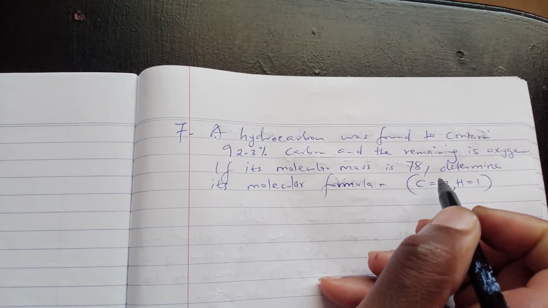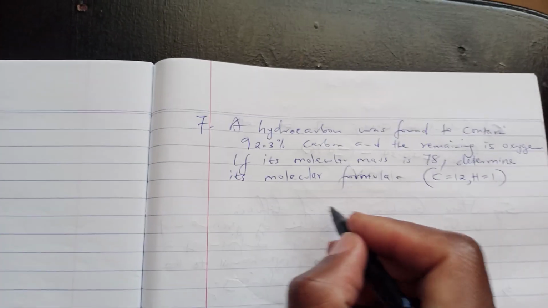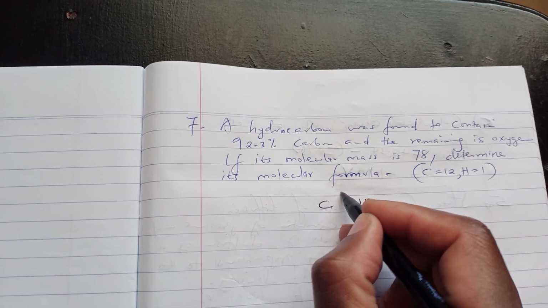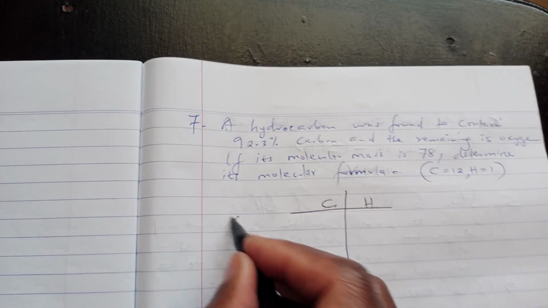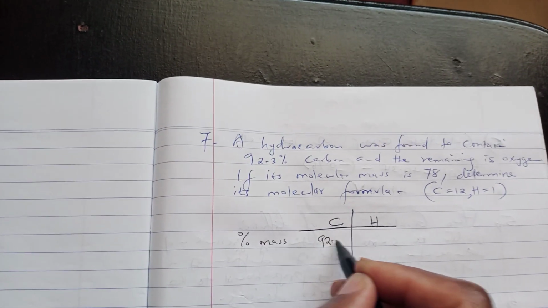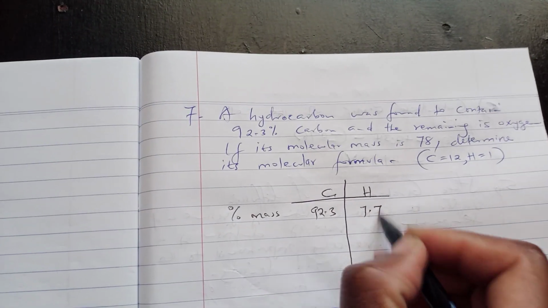Its molecular mass is 78, determine the molecular formula. In form 3, you just write a hydrocarbon as carbon and hydrogen. So there are 2 elements, carbon and hydrogen. You are given percentage composition by mass. The carbon is 92.3, hydrogen will be 100 minus this, so you'll get 7.7.